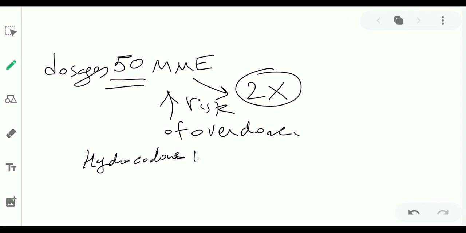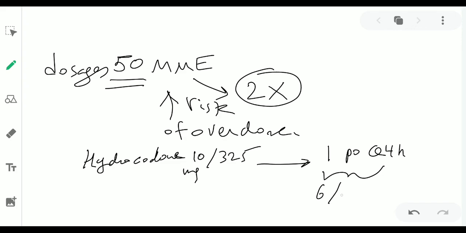I use hydrocodone 10-325. If the prescription says take 1 tablet by mouth every 4 hours, that makes it 6 tablets per day.